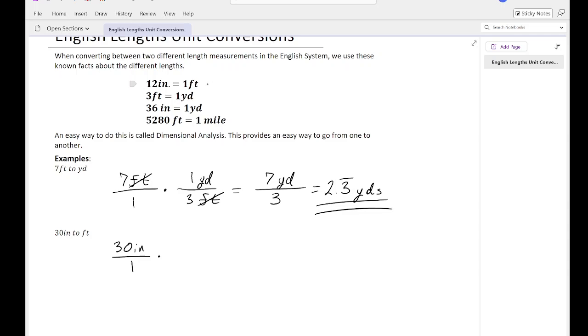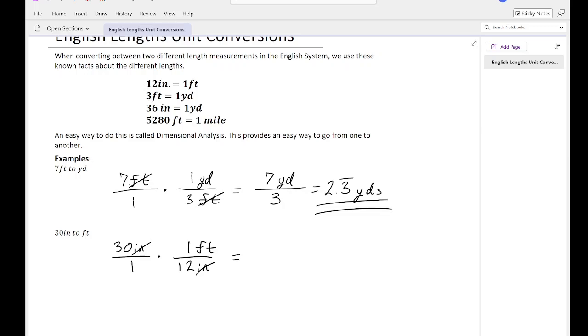That's great. So I'm going to, again, have a fraction here I'm multiplying by, and I want to get rid of inches. So I'm going to put inches in the bottom. So I do that because that will get rid of the inches, period. So I'm going to have 1 foot to 12 inches. That way the inches cancel, leaving me with feet, and I'll end up with what I want.